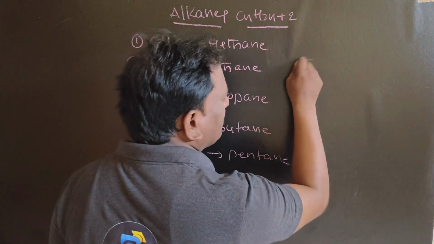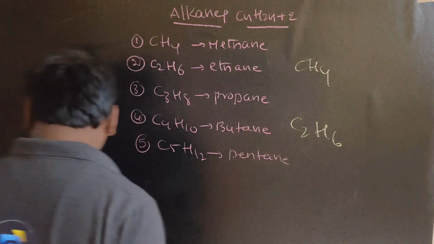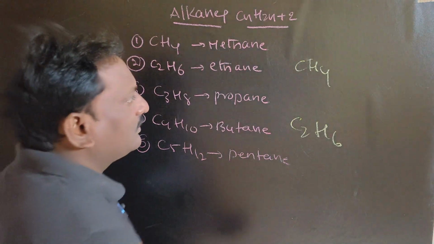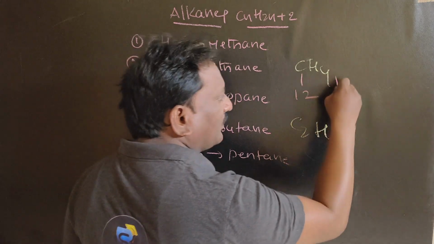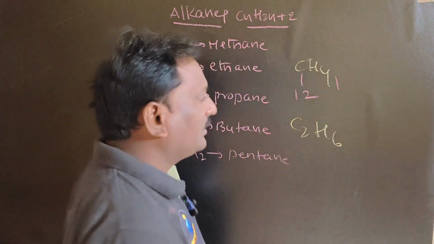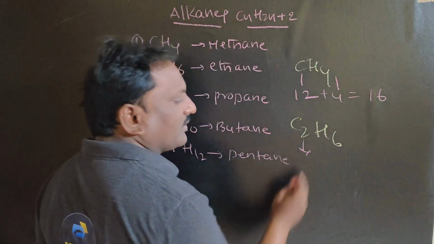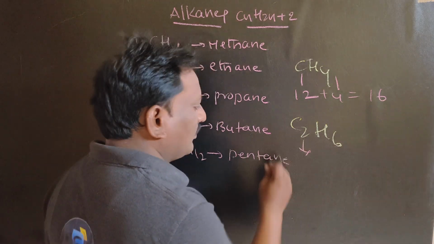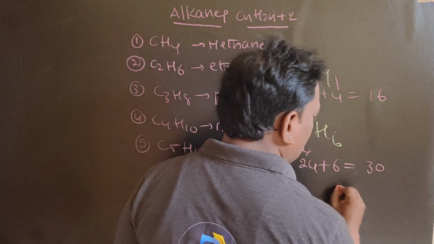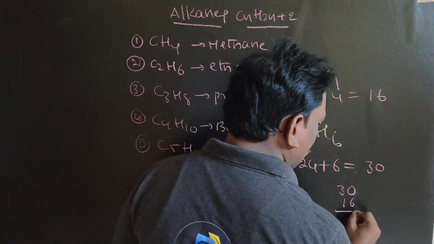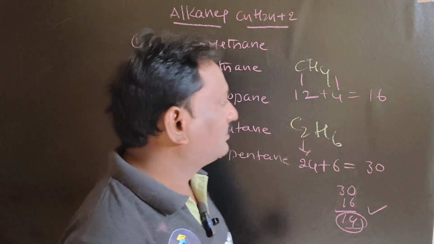Take methane CH4 and ethane C2H6 and find their molecular masses. Methane: carbon atomic mass 12, hydrogens 4 into 1 is 4, so 16. Ethane: carbon 12 into 2 is 24, plus 6, so 30. 30 minus 16 is 14, so 14 grams by mass.